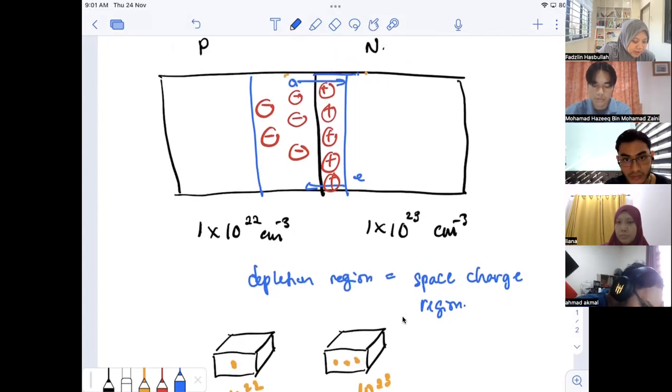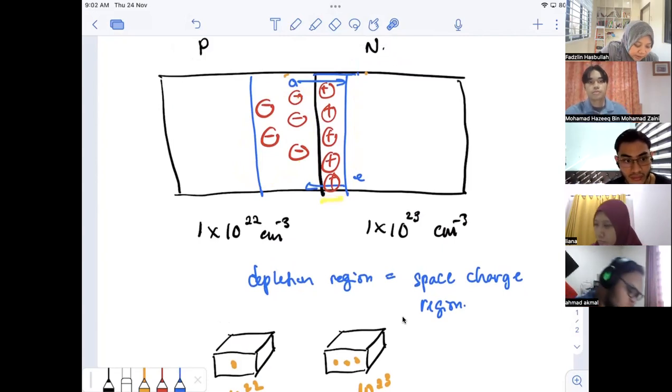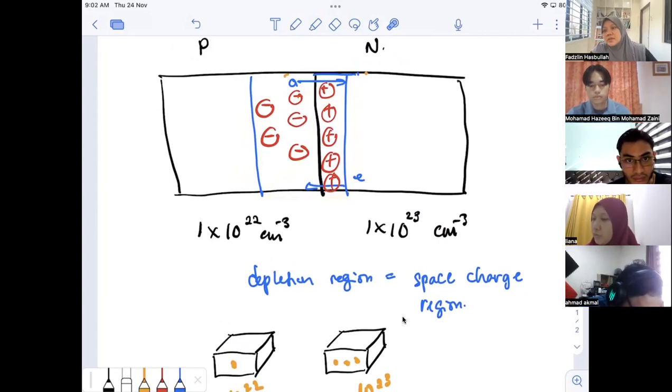So 5 over here positive charge and here 5 negative charge, but the depletion width at the N is much smaller than the depletion width at the P. Okay, do you have any question on this?